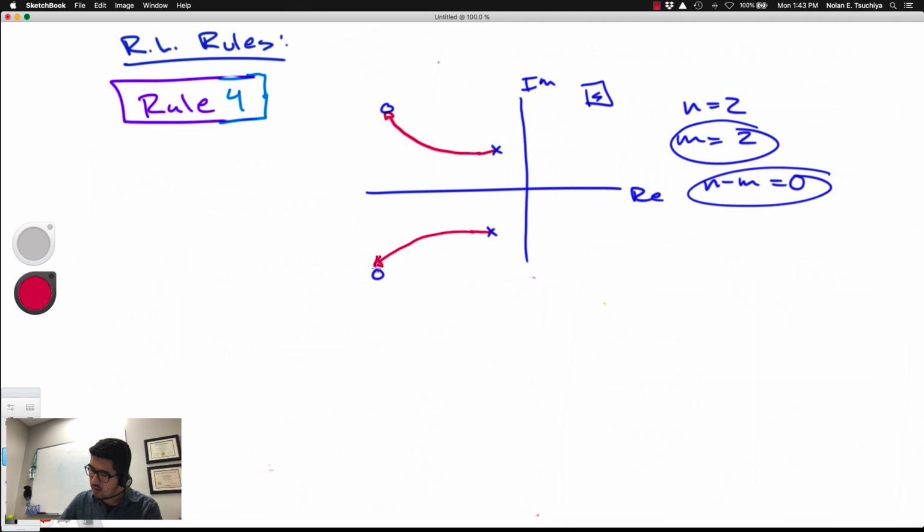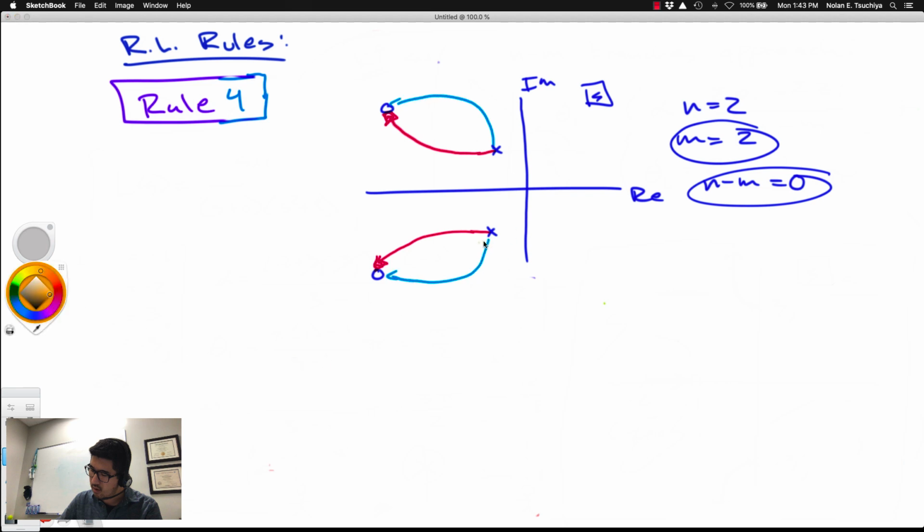That's how this root locus is going to look. According to rule 2, no part of the real axis should be included in the root locus, because at no point are you to the left of an odd number of poles and zeros. Rule 4 asks the following question. I know that there are 2 branches and they're both going to terminate at the zeros. The question is, do they look like this, or do they look like this?